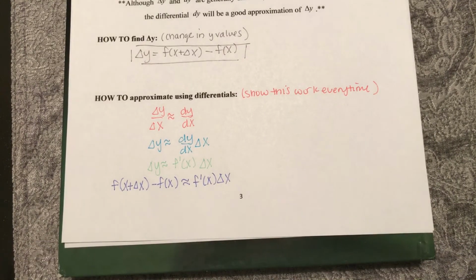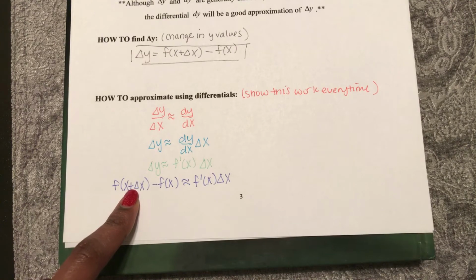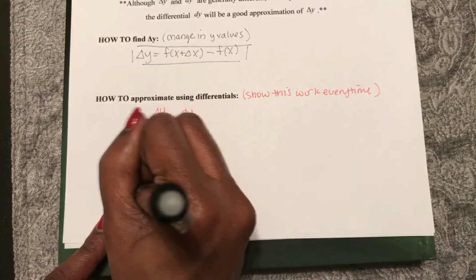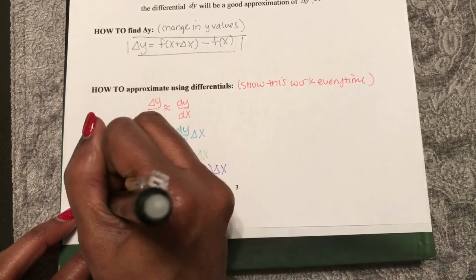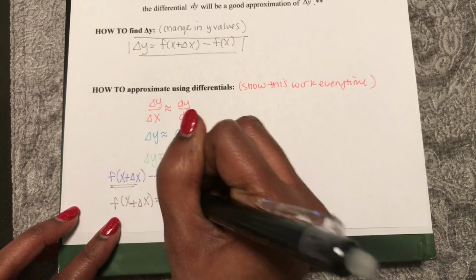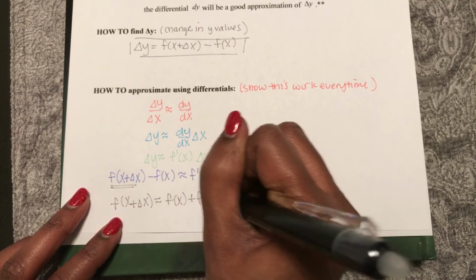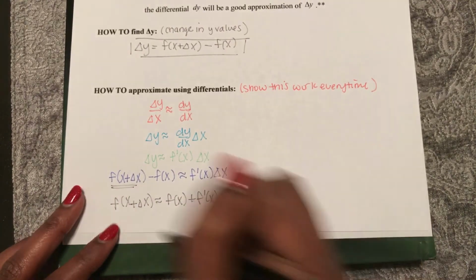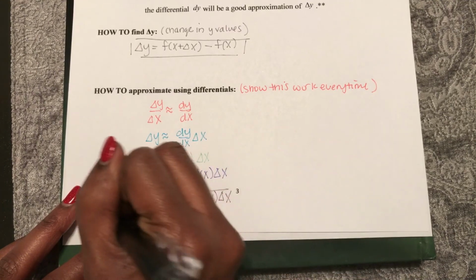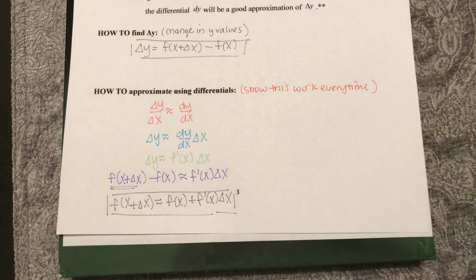So if we want to approximate using differentials to find f of some function close to an x value, I try to isolate this term here. So f of x plus delta x is approximately f of x plus f prime of x delta x, which you notice is very, very similar to our linear approximation function.